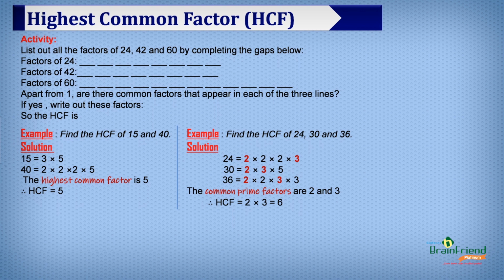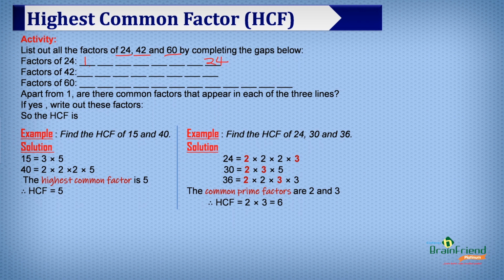Here is an activity. We are expected to list the factors of these numbers 24, 42, 60 by filling in the gaps. Now recall, I said earlier, when you are expected to find factors, you start from 1. So 1 multiplied by 24 gives us 24. So we can list 1 and 24.